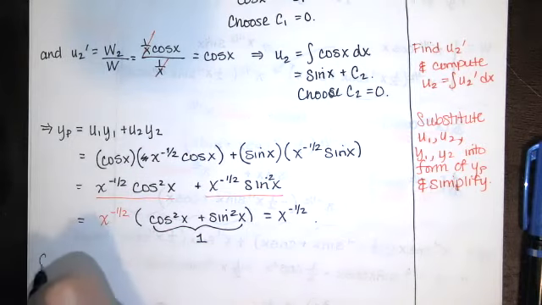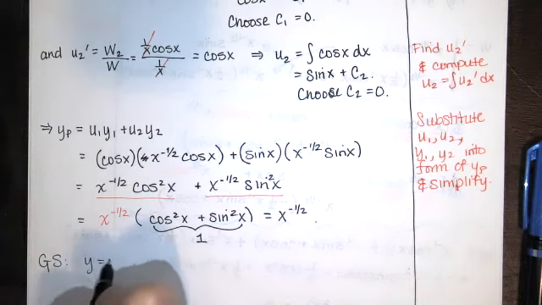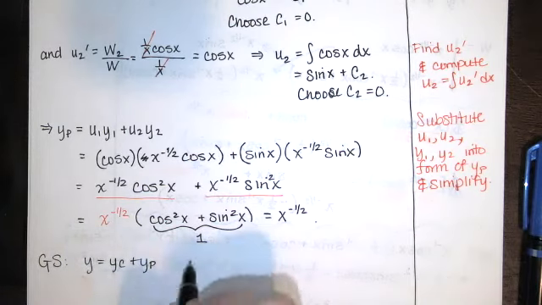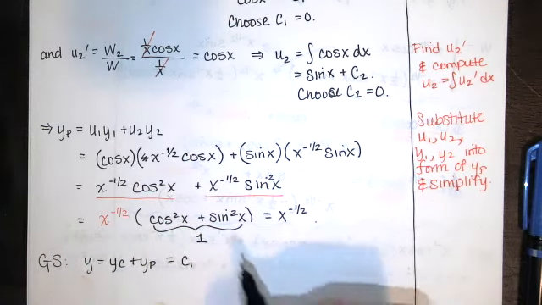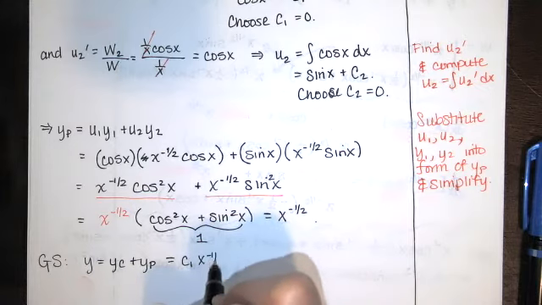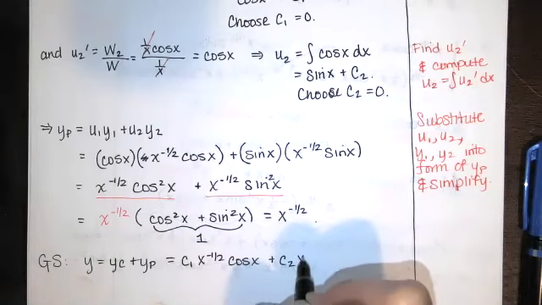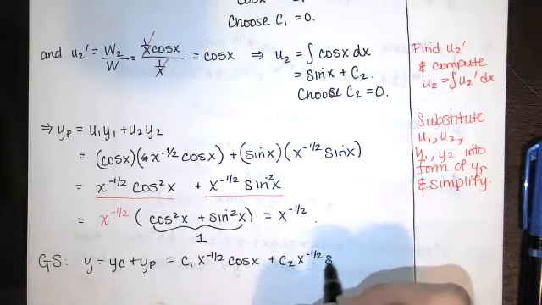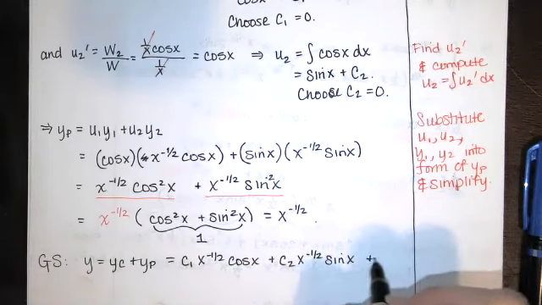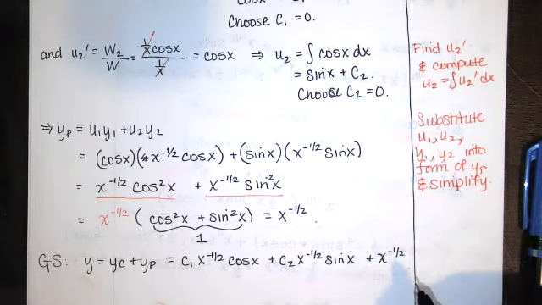So our general solution, and we were asked to find the general solution, is y equals y sub c plus y sub p. And y sub c is just c1 y1 plus c2 y2. And y sub p turned out to be x to the negative 1/2.